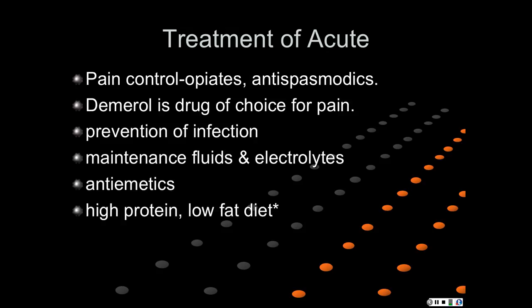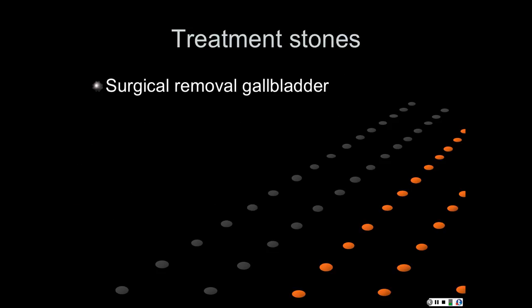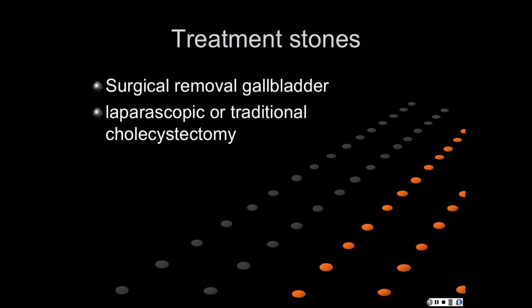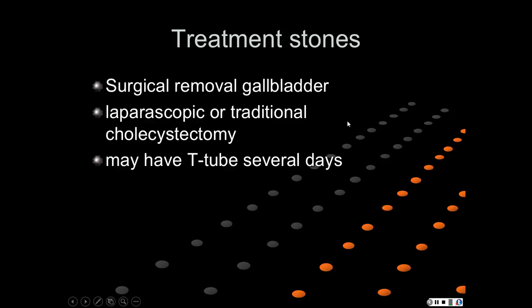Diet should be high protein and low fat. Okay. Stones are treated by surgical removal, whether done laparoscopically or traditionally. The procedure is a cholecystectomy, and they have a special drainage known as a T-tube.